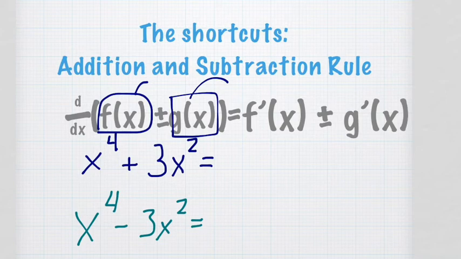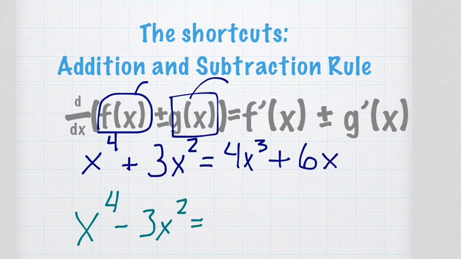You'd separate them out as if they were two functions, so that would be 4x to the 3rd plus, because it tells me to add, the 3x squared becomes 3 times 2, that's 6x, and then 2 minus 1, well, that's 1. So we have 4x to the 3rd plus 6x.